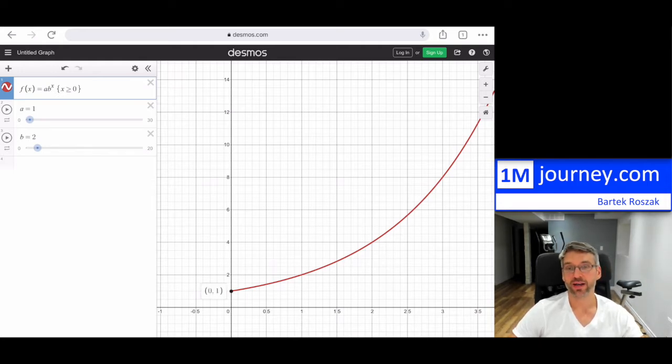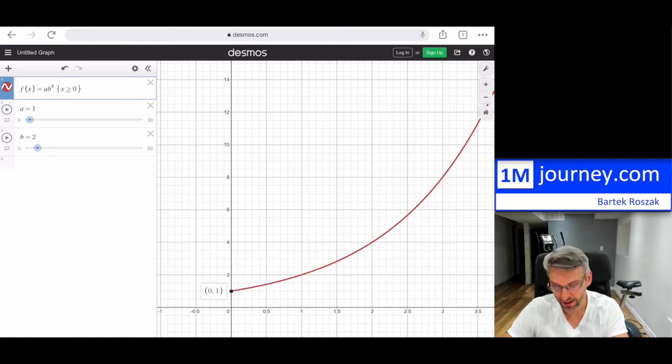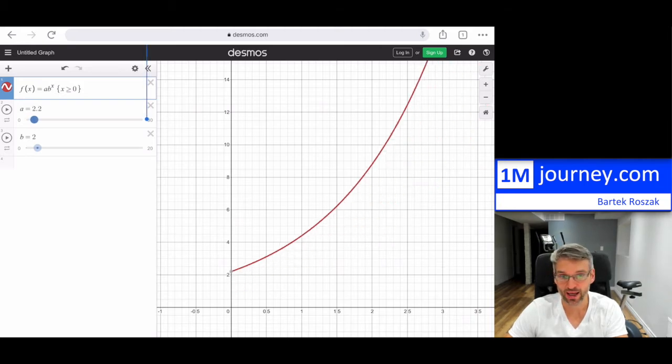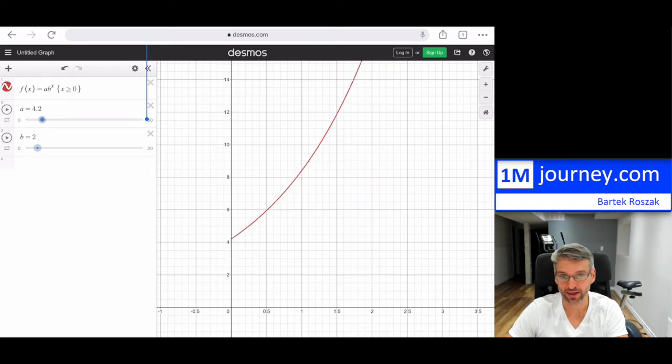And now no matter what a is, now we know from exponential functions, if a is positive, we know that we're going to be going in the positive direction in some particular way, depending on what b is. But when the x is equal to 0, no matter what a is, all that's going to happen is that we're going to be moving our basically starting point.